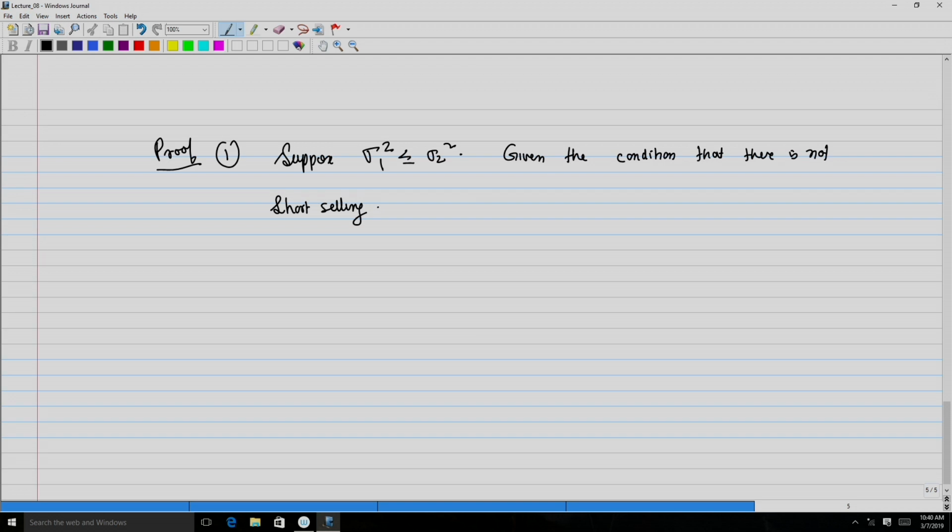And this act of selling without having the ownership is known as short selling, and so the weight in this case is denoted by a negative number.